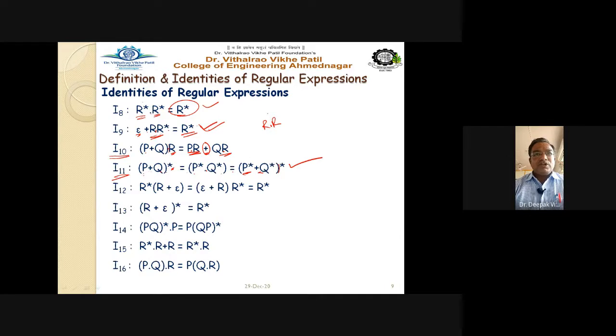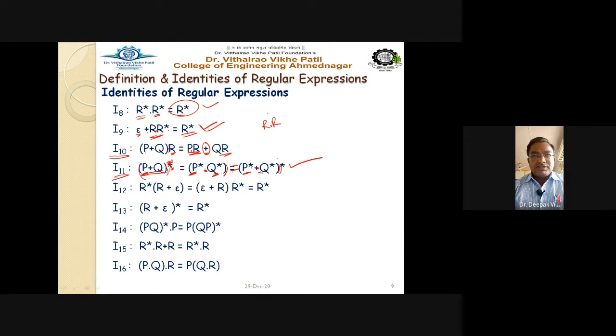So in case of regular expressions, if P is one regular expression and you are taking the union of two regular expressions P plus Q, and to this bracket you are taking the closure of this union, then you can have P* dot Q* bracket complete, which is also equal to (P* + Q*)*.